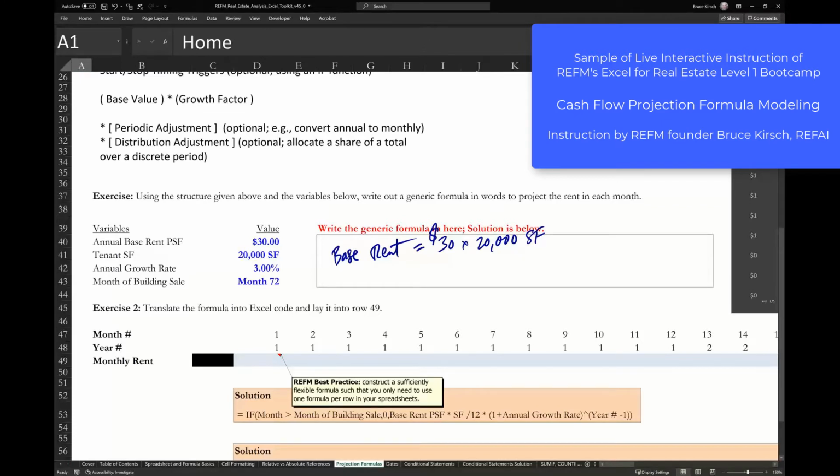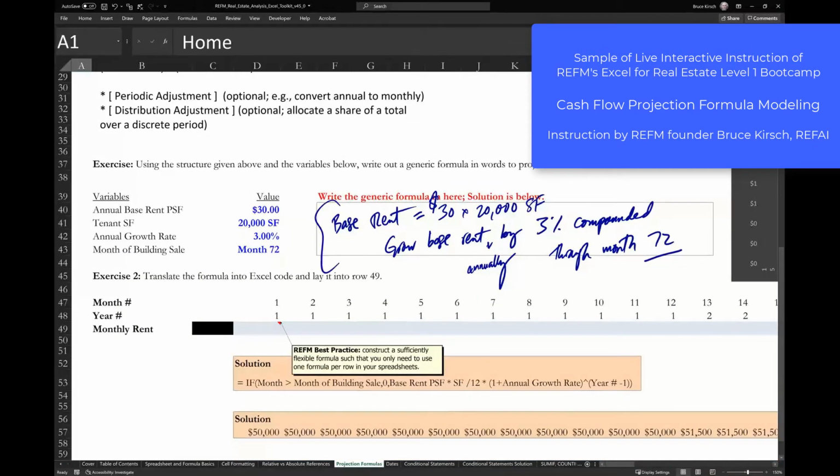And so I want to grow the base rent by 3% compounded annually through month 72, right? So there's an end point to my formula implementation here. And so that's what I want.